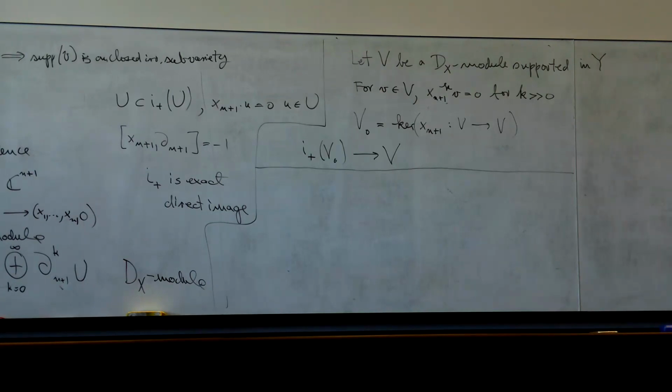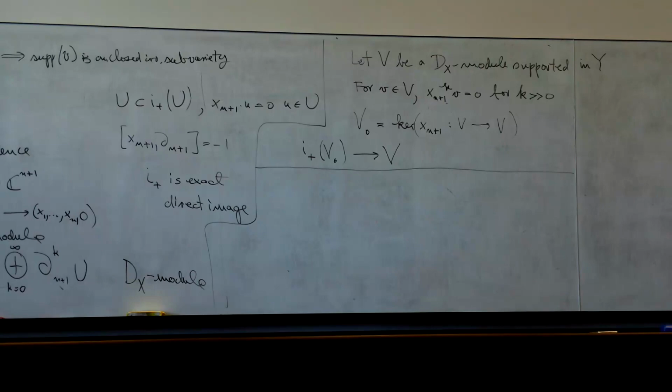I hope you agree with this. So the exercise is to show that the arrow is an isomorphism. And what's the relation with I upper star? Because we've already seen the functor I upper star.